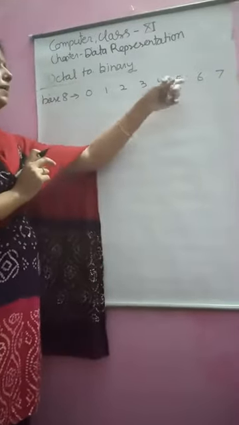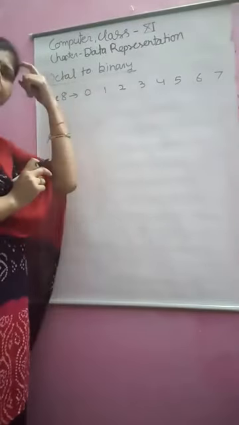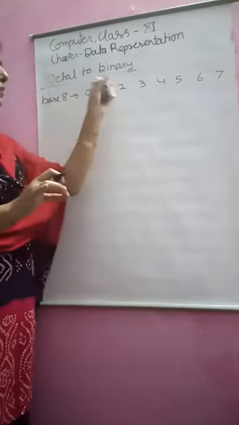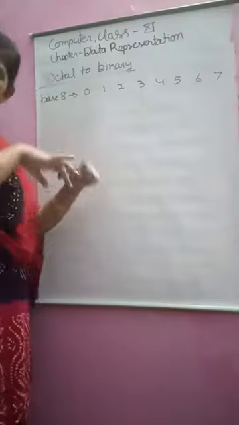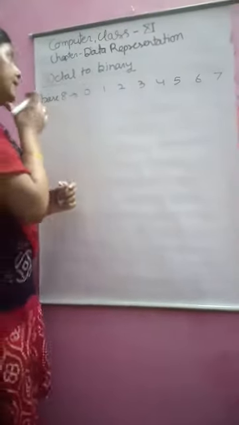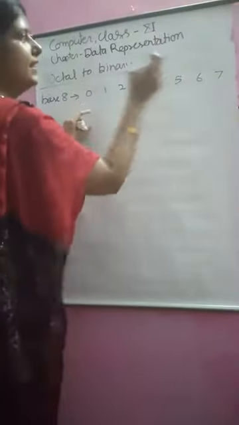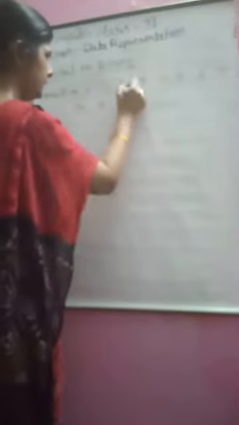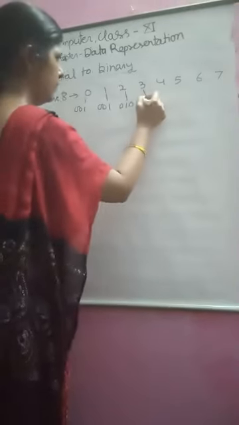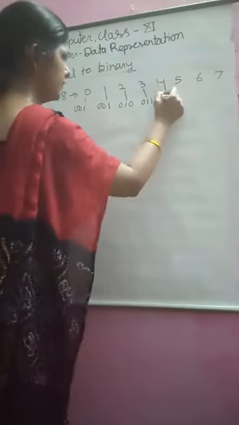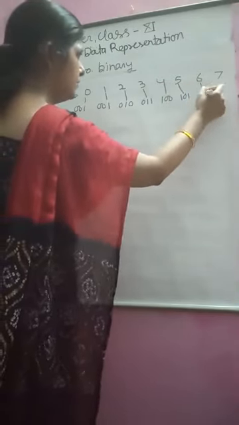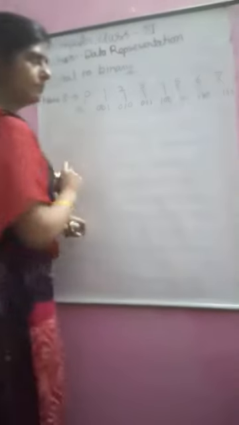In an octal number, apart from these digits, there is no other digit. It should be any one of these, but not outside them. And each digit has a binary equivalent: 000, 001, 010, 011, 100, 101, 110 and 111.